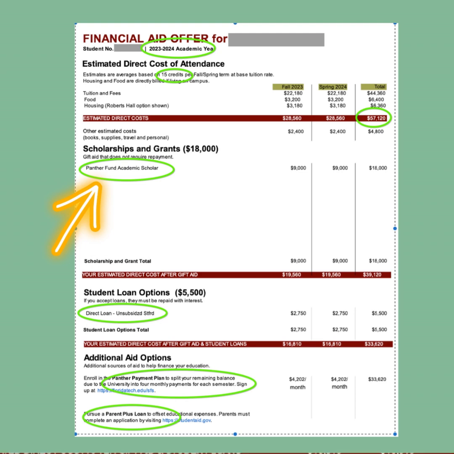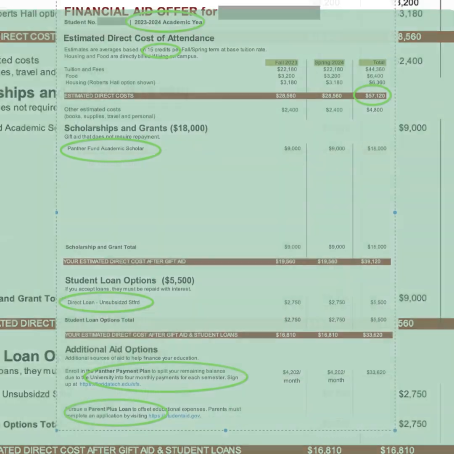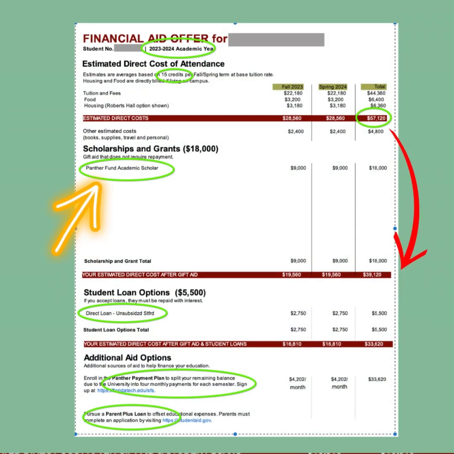So their estimated direct cost after gift aid, money you don't pay back, is $39,000 a year. So we went from 57 to 39. That's pretty good. Very exciting. Then they have the student loan options, and this is where people start to get confused.